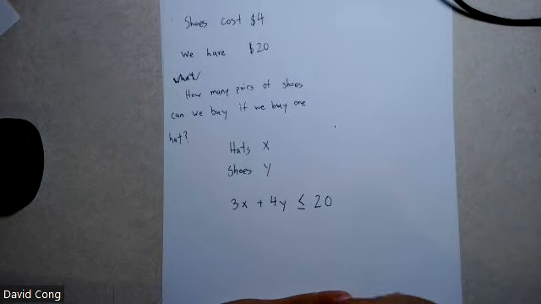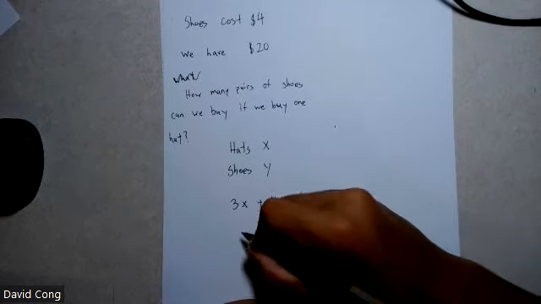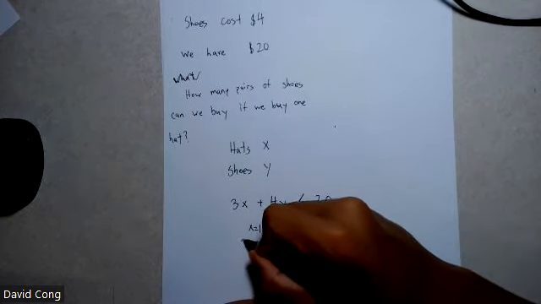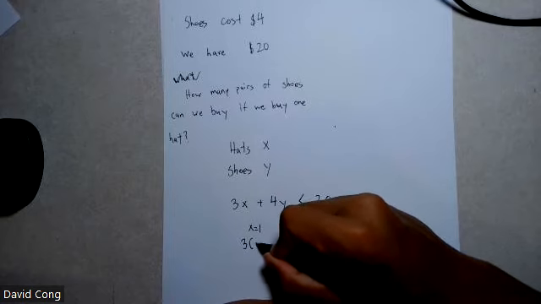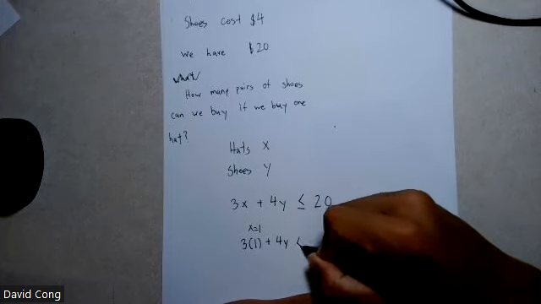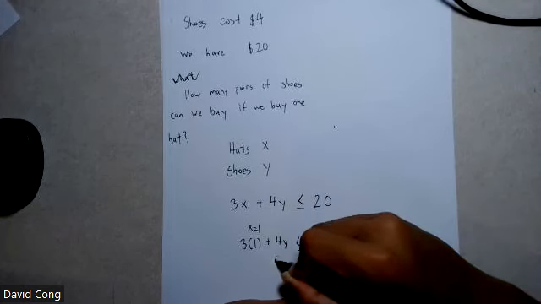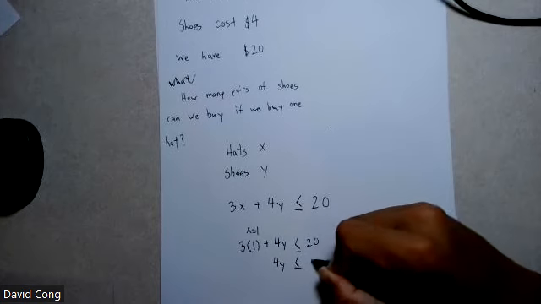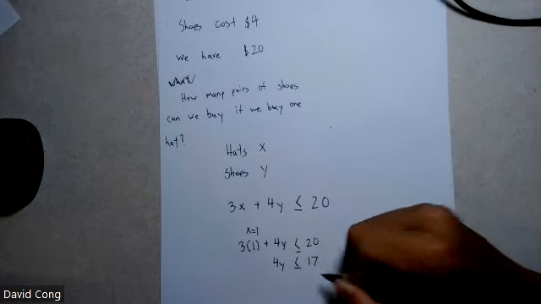And now we know we have one hat, so x equals 1. So we have 3 plus 4y is less than or equal to 20, so 4y is less than or equal to 17.